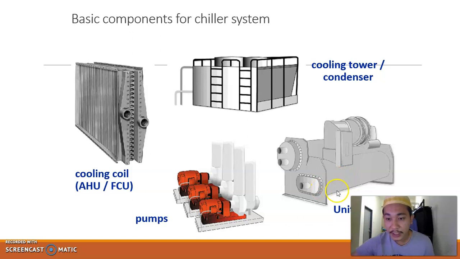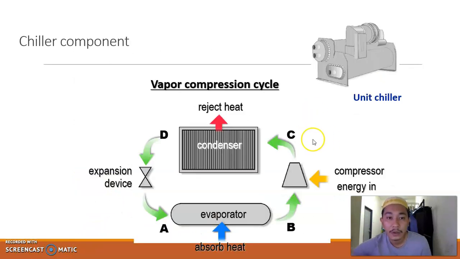The chiller unit is located inside the chiller plant room, and we have the pumps. Please remember that the chill water pump pumps the chill water, and the condenser water pump pumps the water to reject the heat to the cooling tower.